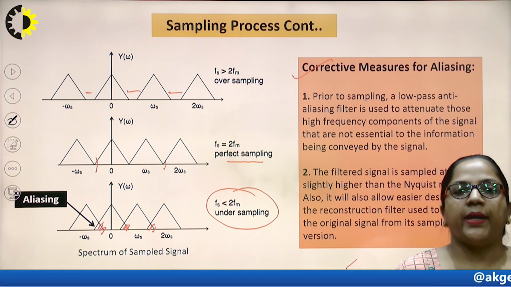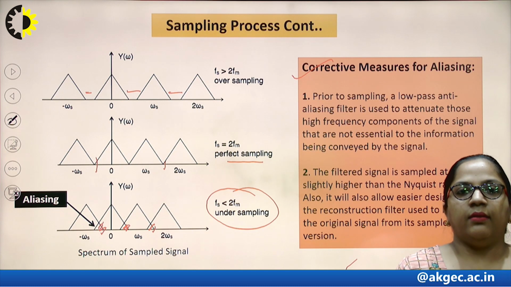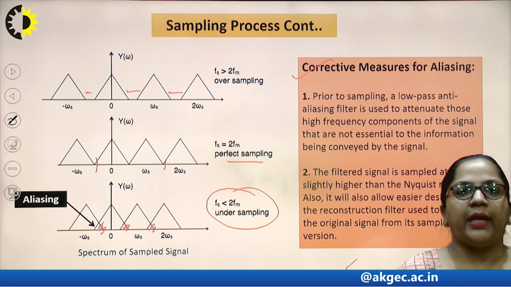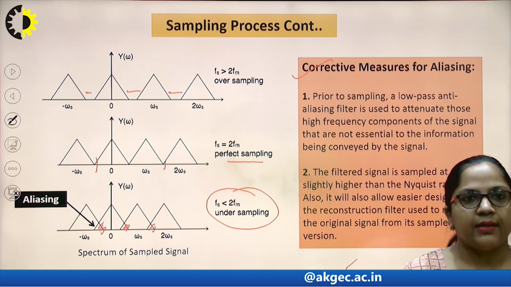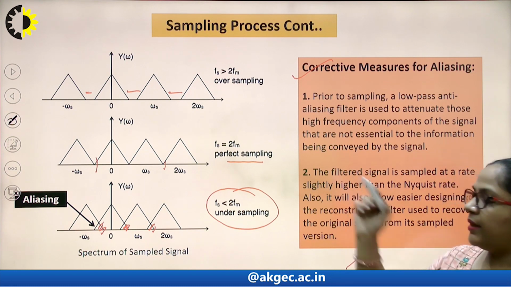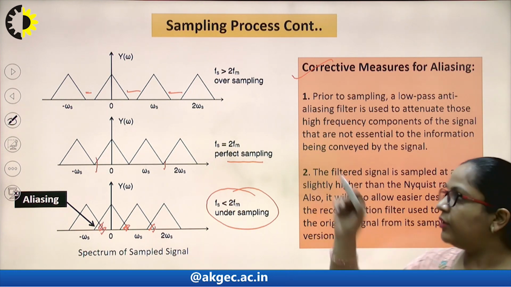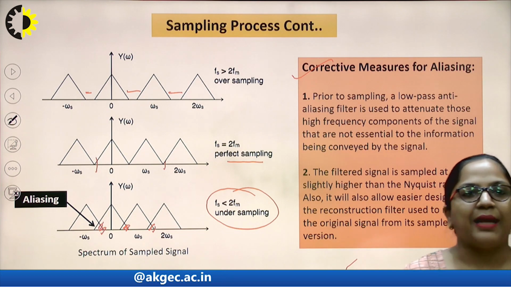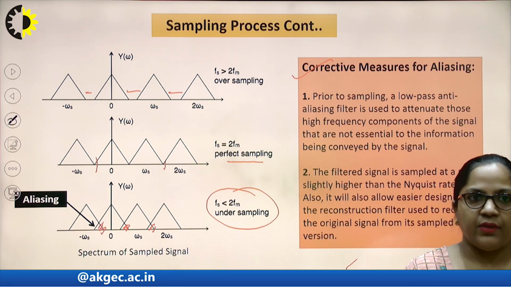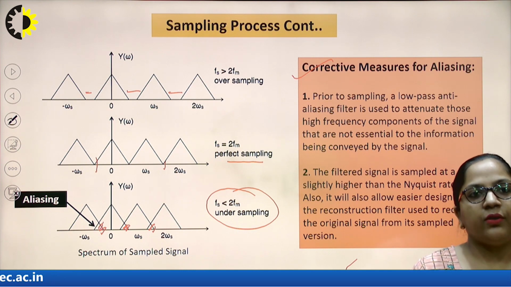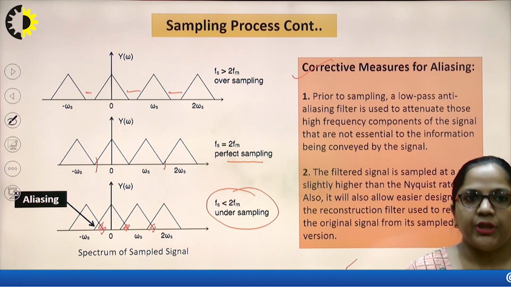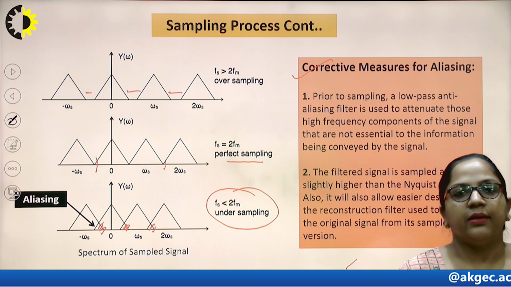So first, by passing the information through a low pass anti-aliasing filter, we can make it band limited. Prior to the sampling, a low pass anti-aliasing filter can be used to attenuate those high frequency components of the signal that are not essential to the information being conveyed by the signal.